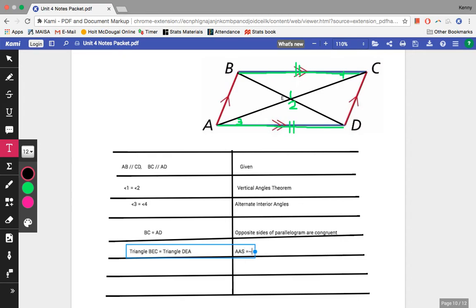Imagine my little congruency symbol there as best as I can do it. So by AAS congruency, I have proven that the top triangle is congruent to the bottom triangle.